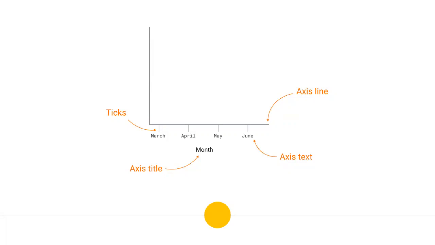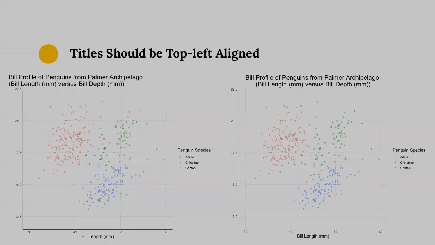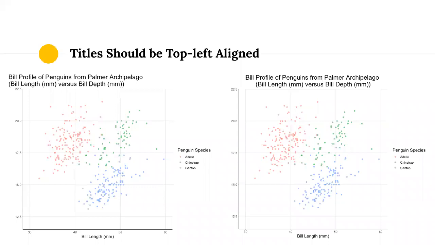So the next thing to think about is your plot title, the title of your entire plot. Let's go to the next one. Okay, so when you have a title for your plot, hopefully this is a little bit noticeable. The first thing I want to talk about is what you can use your title for.